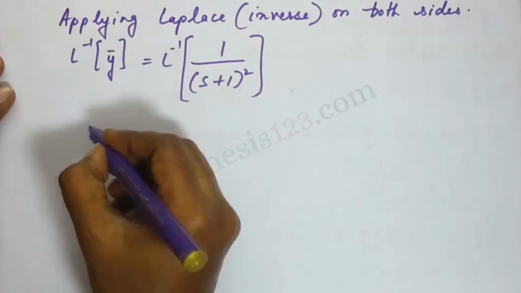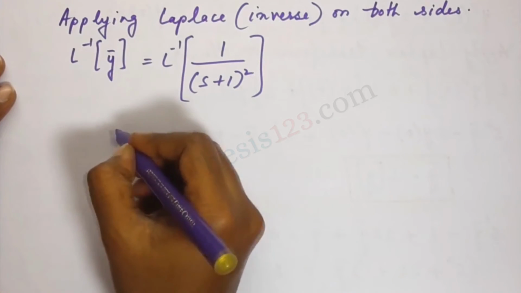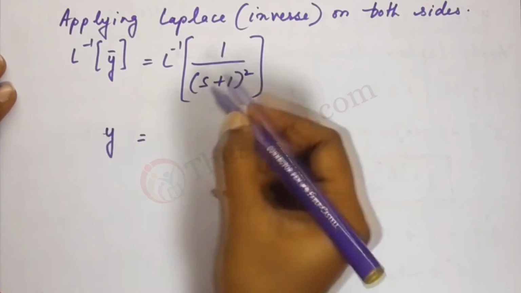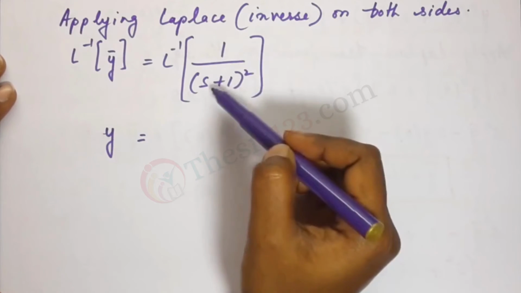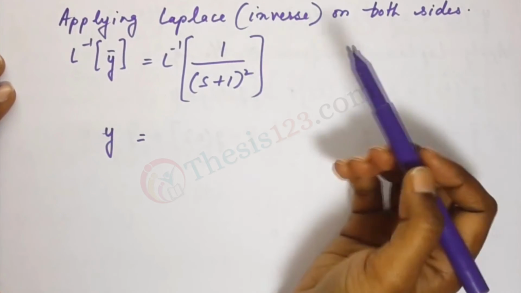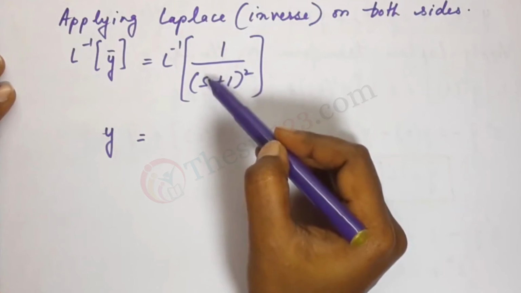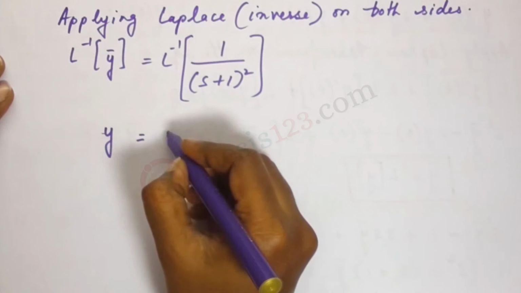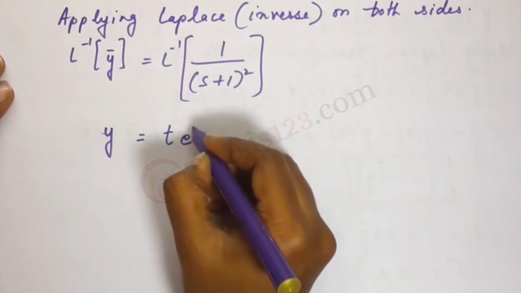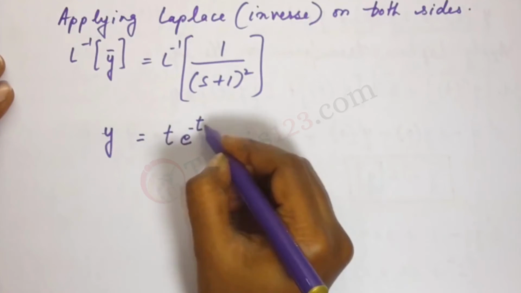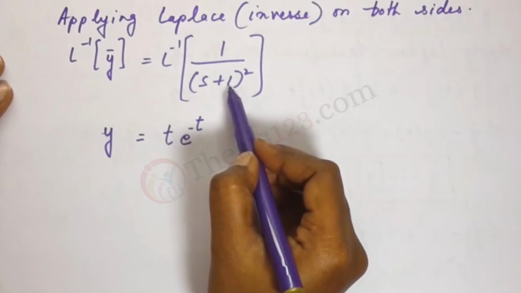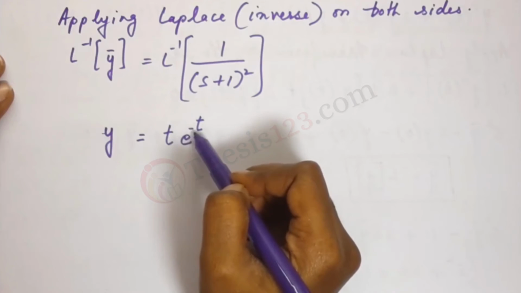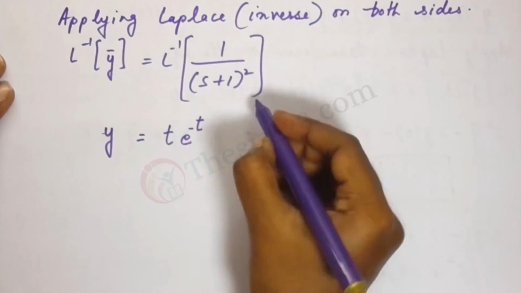So y of t is equal to, here we have 1 by s plus 1 whole square, and we saw from the formula that the Laplace inverse of 1 by s minus a whole square is t into e power at. Here a is minus 1, so substituting in place of a, we get t e power minus t.